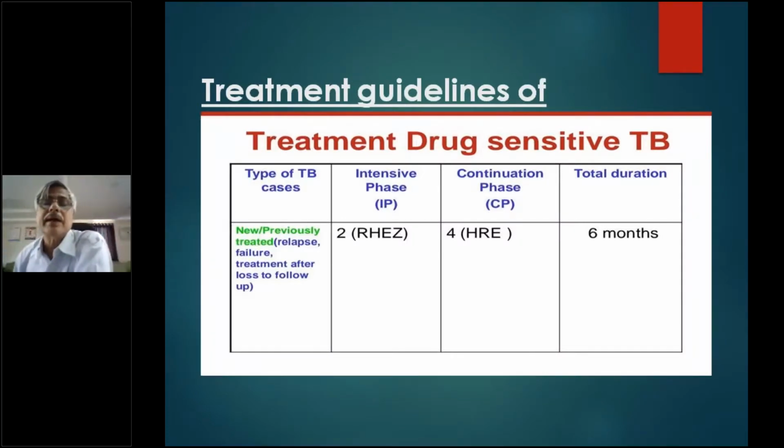Of course, treatment of drug-sensitive tuberculosis. This is what actually we did. This is the latest category. Of course, this will come tomorrow again, because categories 1 and 2 are actually combined now. Categories 2 and 3 have been removed, and again two categories, category 4 and category 5, have come.